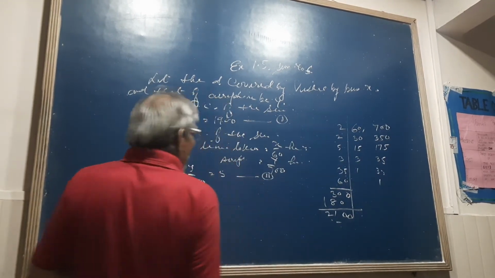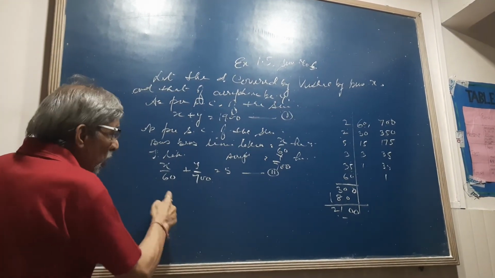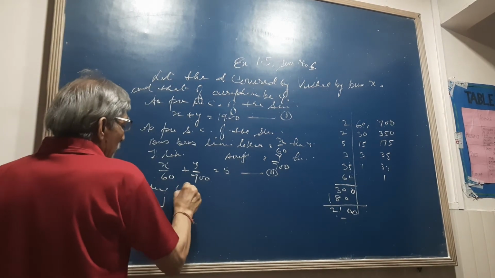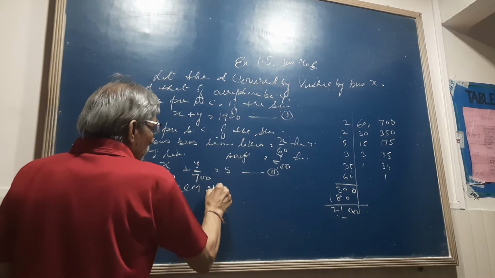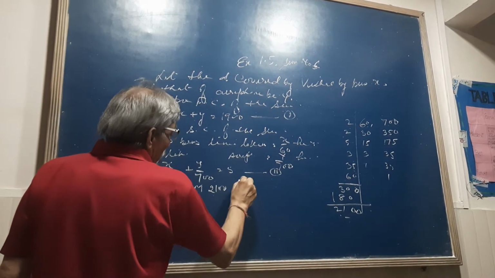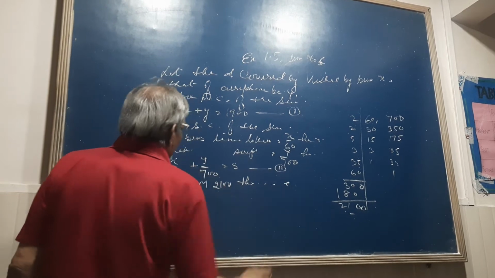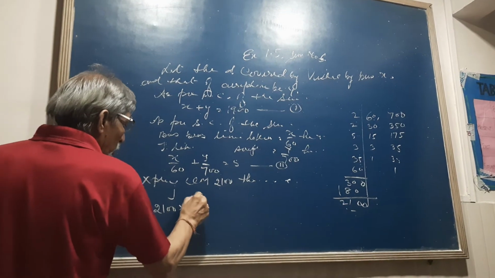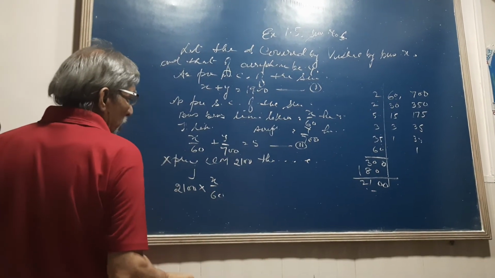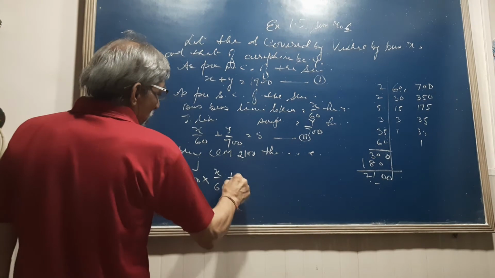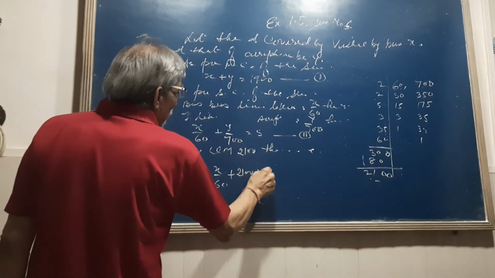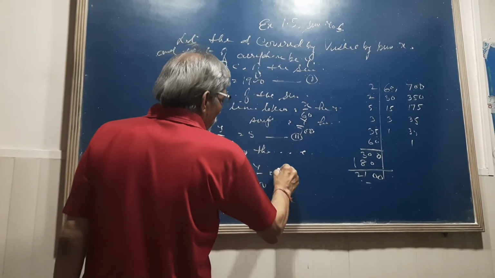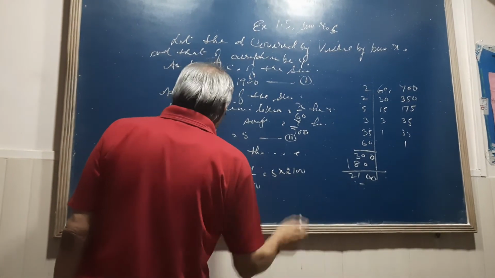So multiplying the LCM 2100 throughout the equation. That is, 2100 into X upon 60, plus 2100 into Y upon 700, is equal to 5 into 2100.